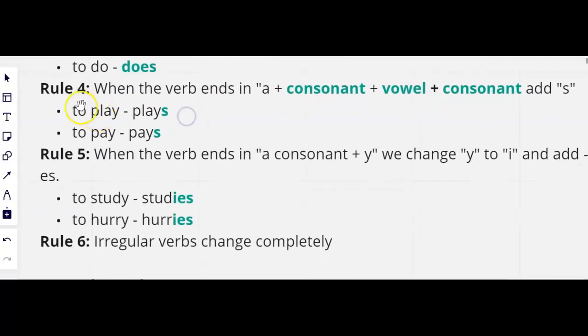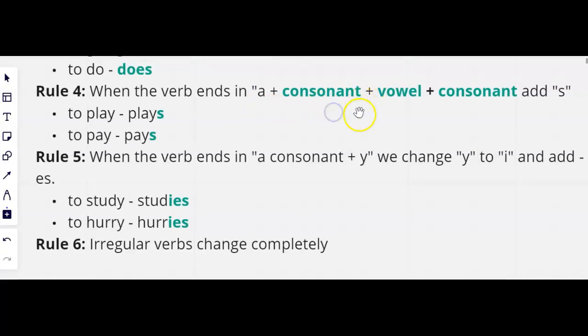Then let's go with rule number 4. When the verb ends, for instance, the last three letters in a word, if they are a consonant, a vowel, and a consonant, you add the s at the end only. For instance, play, or to play, accomplishes that rule.